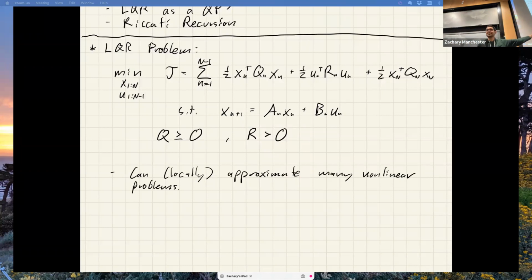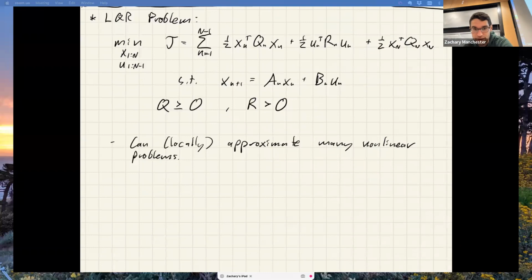Does that make sense? So this is why this shows up everywhere. It's the local approximation. Anytime I take a Taylor expansion of a nonlinear problem, it's the thing that shows up in the inner loop a lot of times when you're doing nonlinear stuff anyway. The other thing is, we know everything about this. We know how to solve this, you can solve it really efficiently and fast. It's very computationally nice.